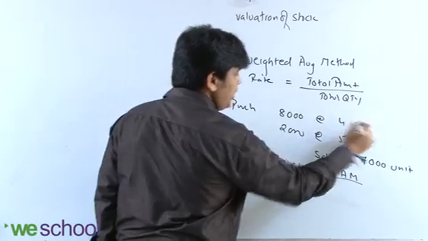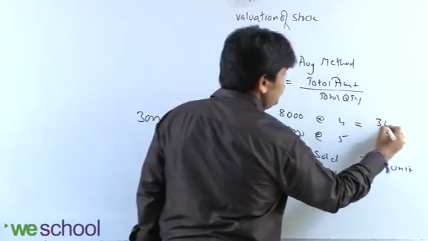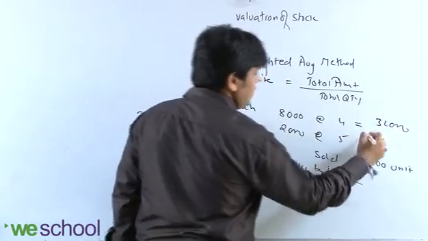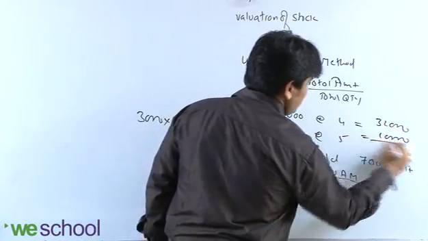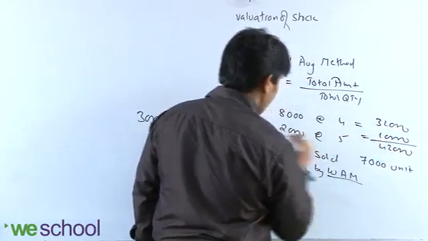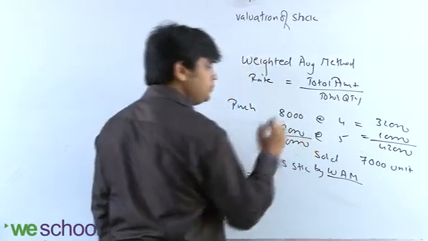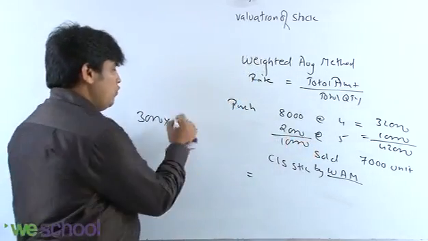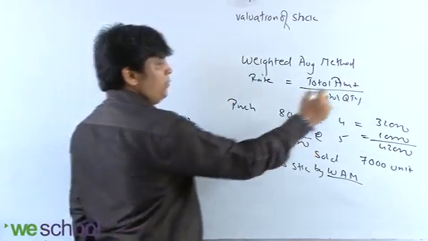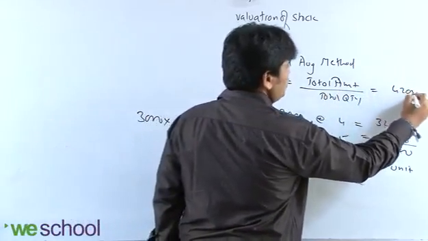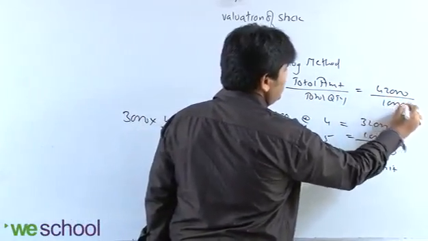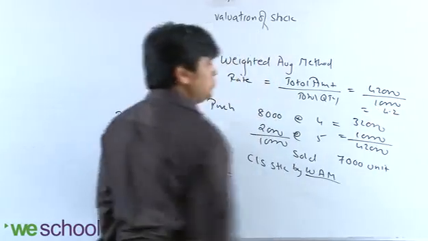What is the total amount? 8 4s are 32 and 2 5s are 10. So answer is 42,000 divided by total quantity. If I apply this formula, 42,000 divided by 10,000, that gives me 4.2.